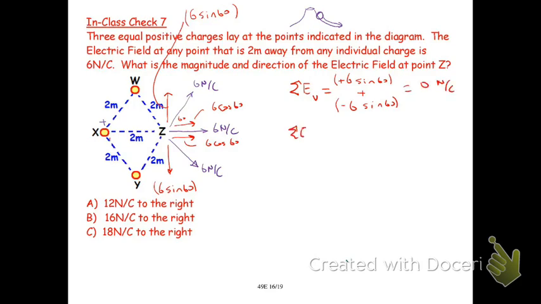And the sum of my electric fields horizontally is equal to 6 cosine 60 positive, added to 6, added to 6 cosine 60 positive, and that equals 12 newtons per coulomb to the right.